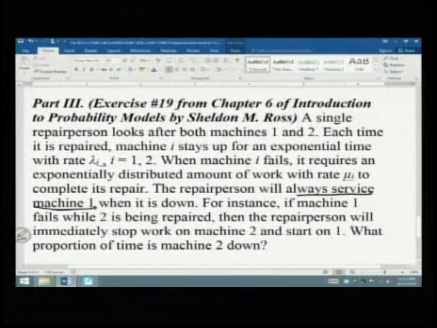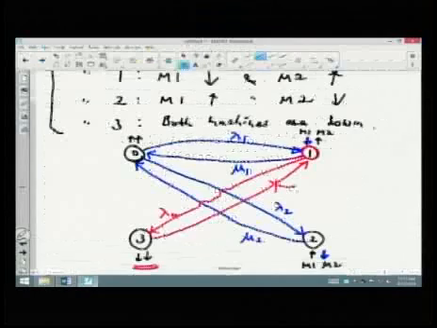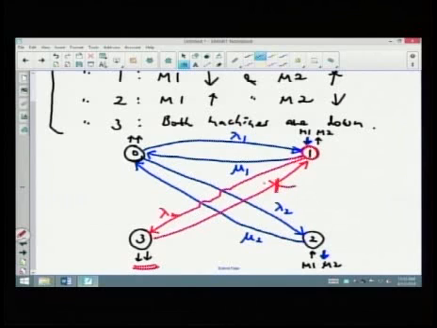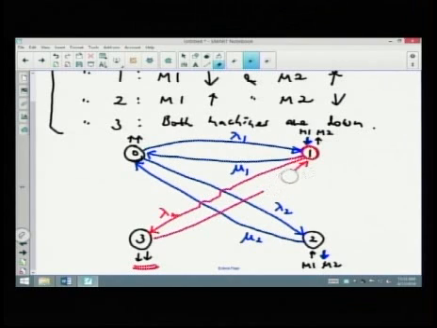Okay? If both machines are down, right? So this never happens. So I'm going to delete this, because this never happens.